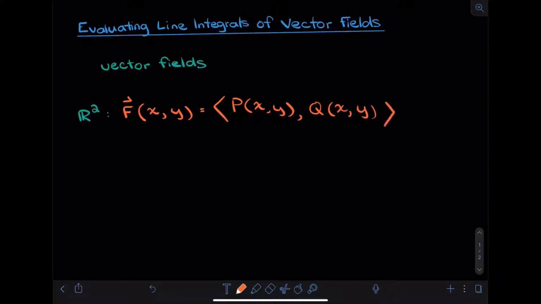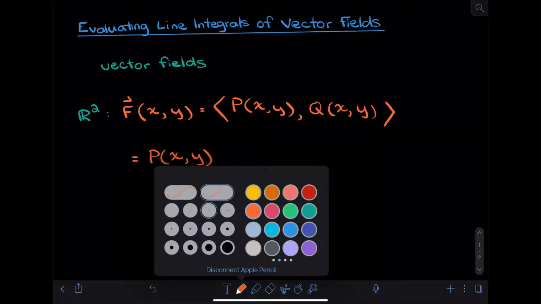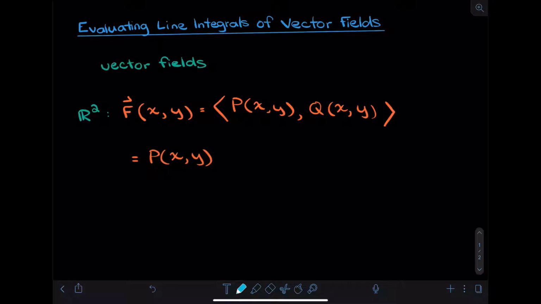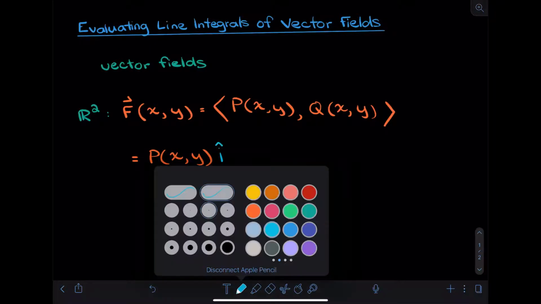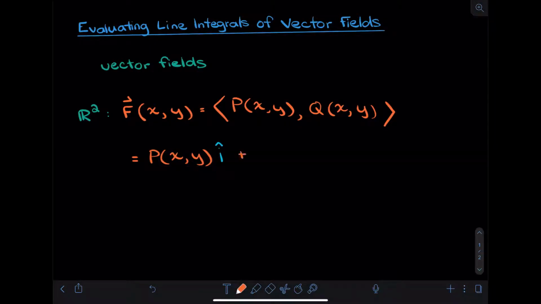Here, what makes this a vector function is that we don't just have one function, we have multiple. In R2, we'll have a function P and a function Q. What does this mean? Well, this is equivalent to just saying the function P of x and y multiplied by the unit vector i, and we're adding to that the function Q of x and y.